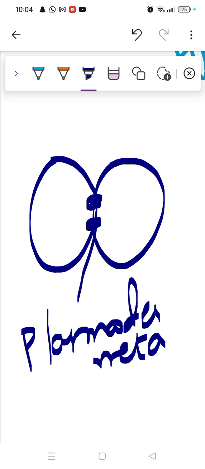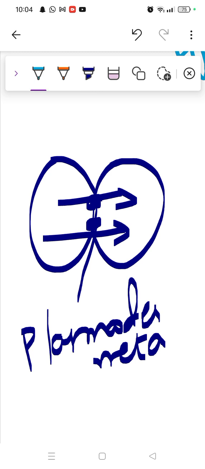Their movement takes place like this, and the plasmodesmata are present.